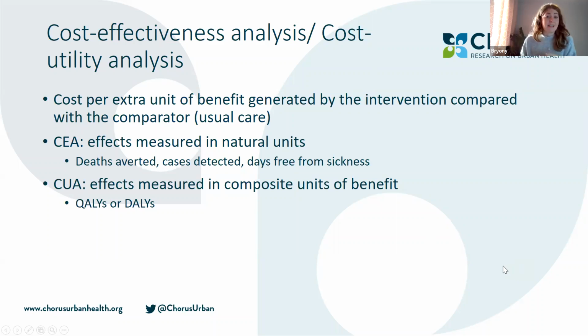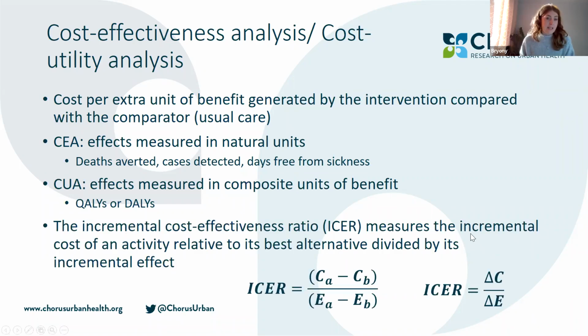And in practice, that usually means we're going to be using quality adjusted life years or disability adjusted life years. So in this type of analysis, whether it's cost utility analysis or cost effectiveness analysis, we determine whether a new intervention is worthwhile or cost effective by producing a summary measure called an incremental cost effectiveness ratio, or ICER, which measures the incremental cost of an activity relative to its best alternative divided by its incremental effect.